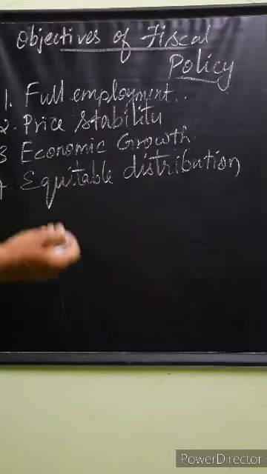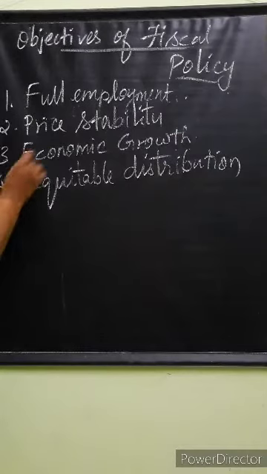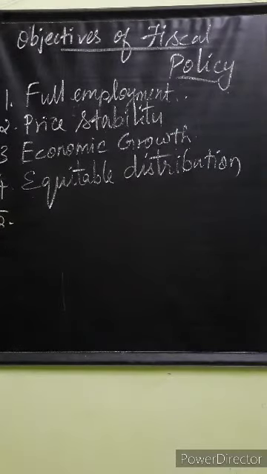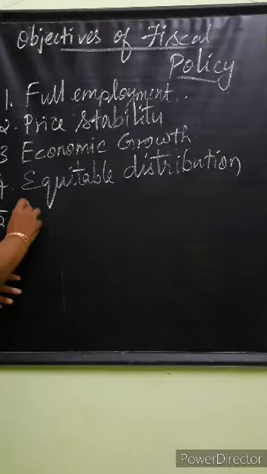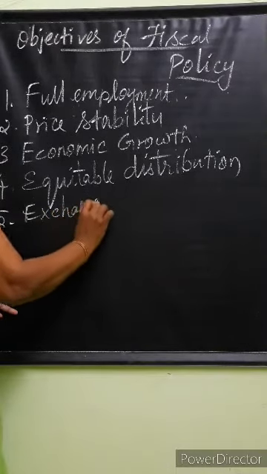Only then the standard of living of the people will come up. So, fiscal policy will give equitable distribution. And the next one is exchange stability.